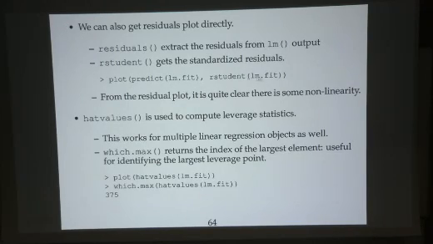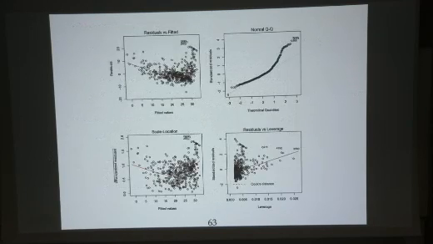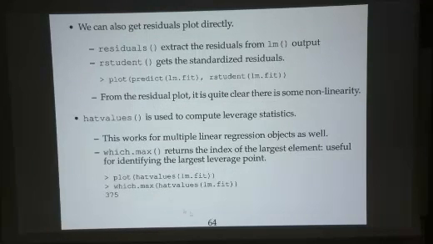So rstudent of lm.fit gives you the standardized residuals, so you get something like this. This is the same as this plot. You can also compute this leverage using something called hatvalues. We'll come back to this leverage notion later in the lecture.